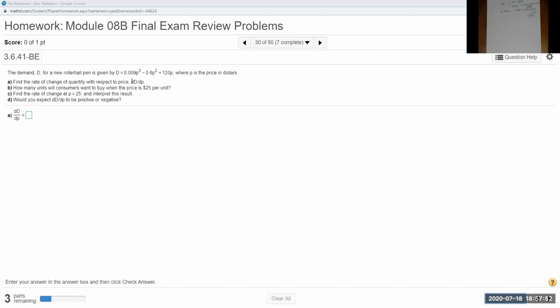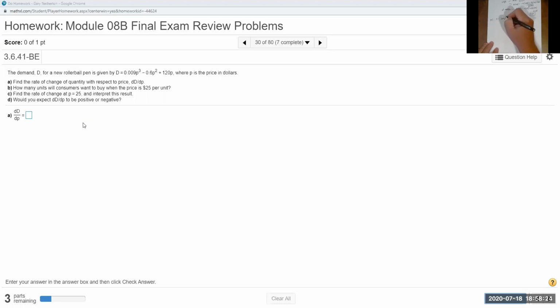You can see here dD/dP, which is a derivative. I think this is really a first derivative kind of story problem. So let me write down what's called the demand function for this problem, and we can start working on it. So capital D equals 0.009 P cubed.